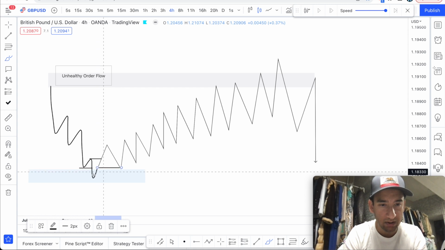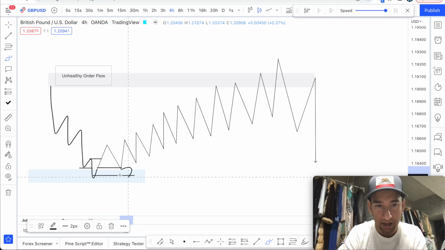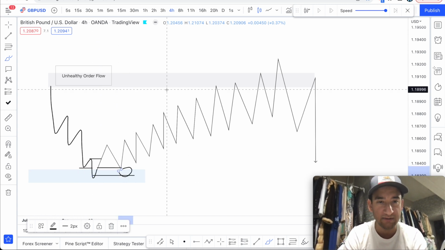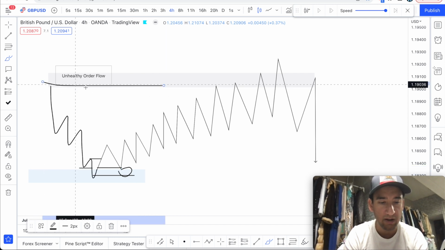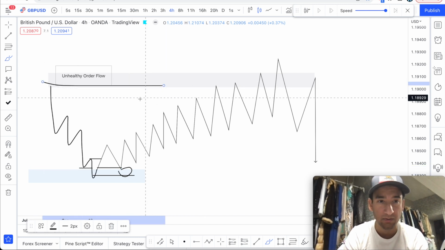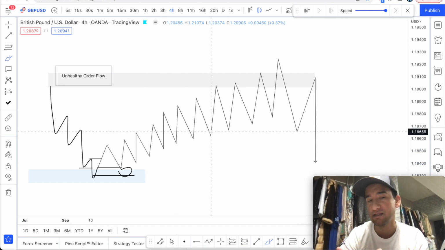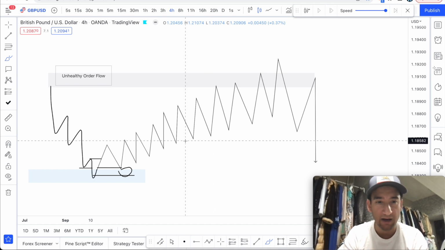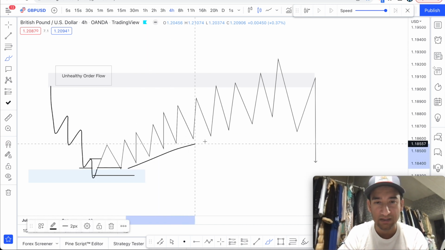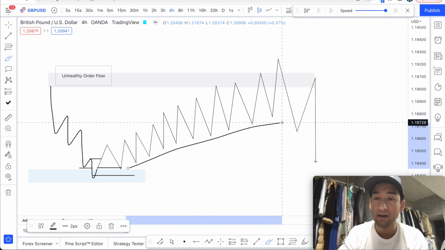Once we get that CHoCH, we look to enter, and we're looking to hold price from this low to this high over here to the supply zone. Once we see price doing this, it tells us that price is struggling to get up to the supply area, and the only reason why, a big key factor here, is that price is creating liquidity in the markets.